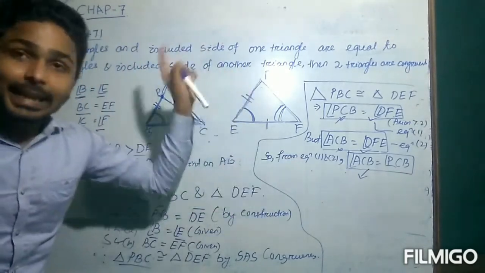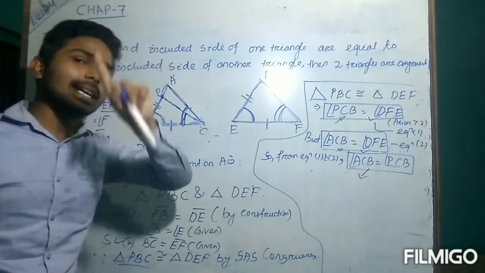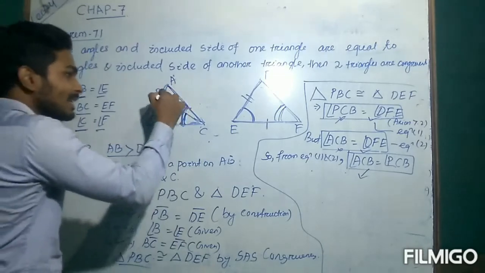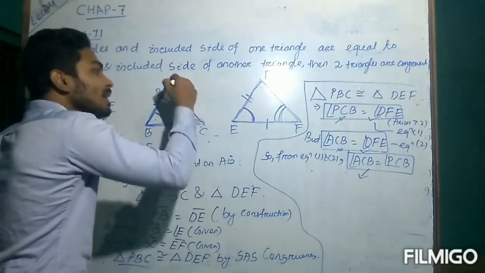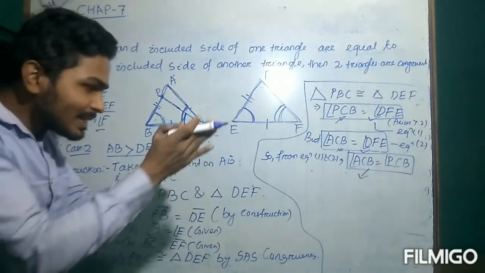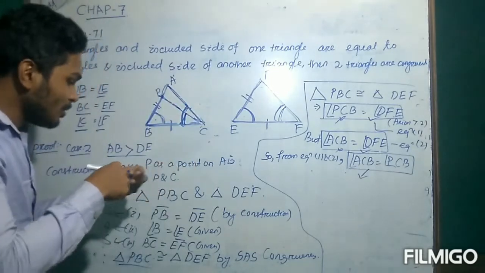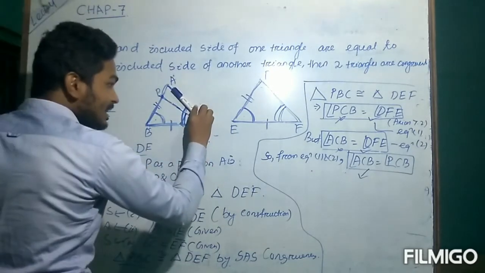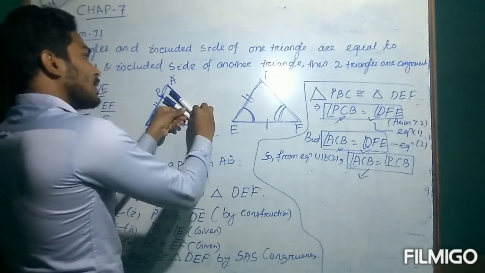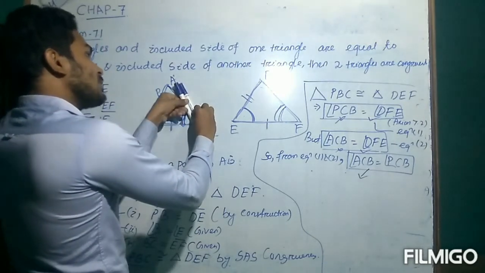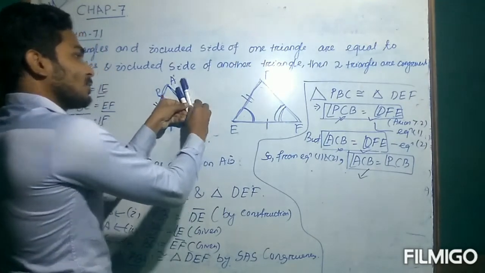So when is it possible? It is possible if we shift P to a point A, so that side PC is nothing but AC. PC and AC sides are equal. How? Like this. This is AC, this is PC, but we need to shift this PC to this side, so that they will be equal.